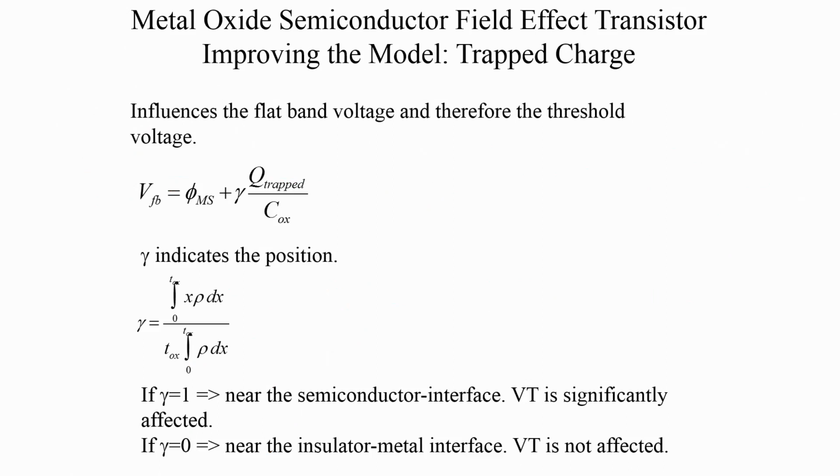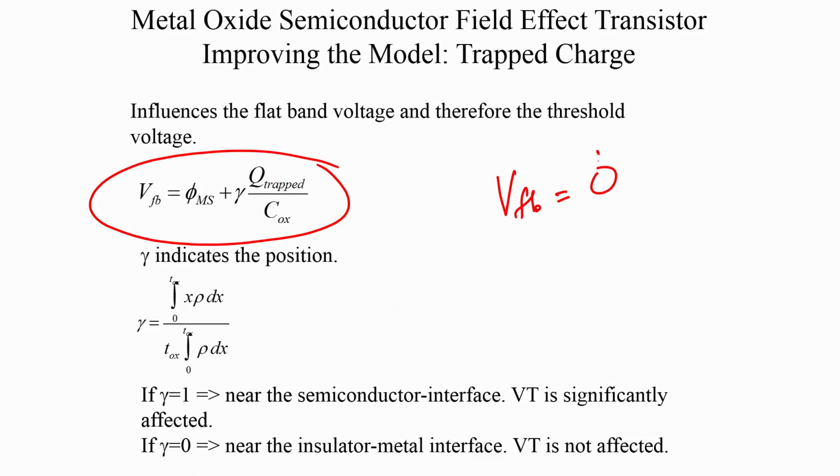The effect of all this is that it is going to change the flat band voltage. So far the flat band voltage in the insulator was purely because of the metal semiconductor work function difference. So, when we drew the band diagram at the start of the MOS theory, we said that there is a Fermi level difference between the metal and semiconductor.